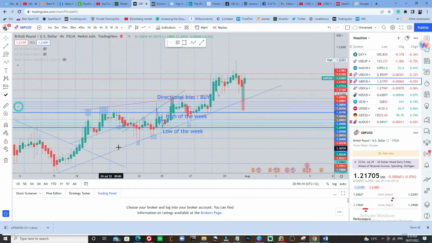From 25th here, you see how it pushed up to the upside. So this overall push to the upside means that there was a weakness in the US dollar overall. Even if there were strengths along the line, all this red part you are seeing is when there was pullback.